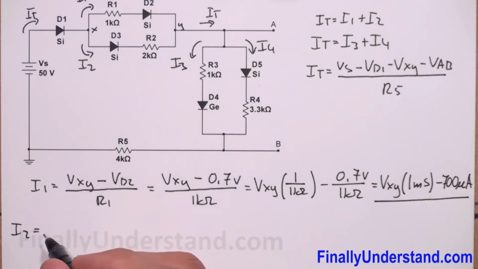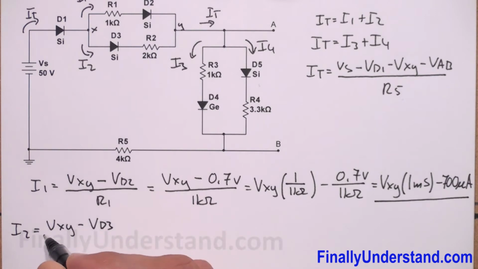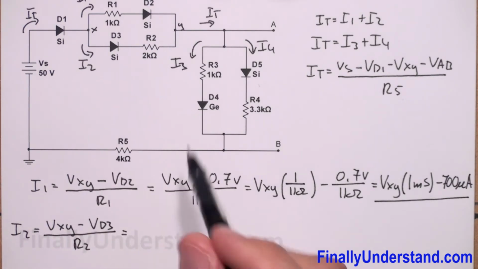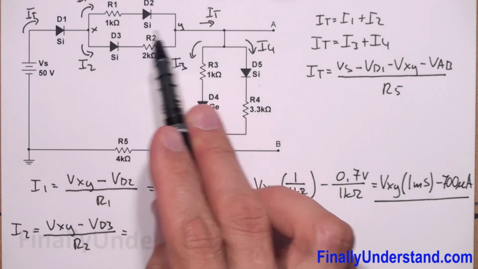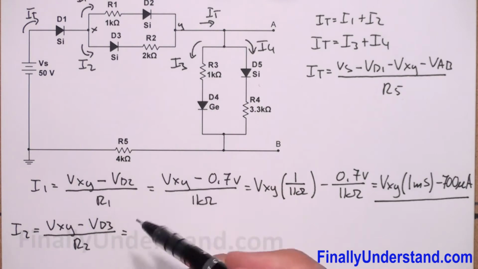Next I'm supposed to find I2. I2 is equal to VXY minus VD3 over R2. So VXY minus the voltage drop across the diode D3 divided by R2.